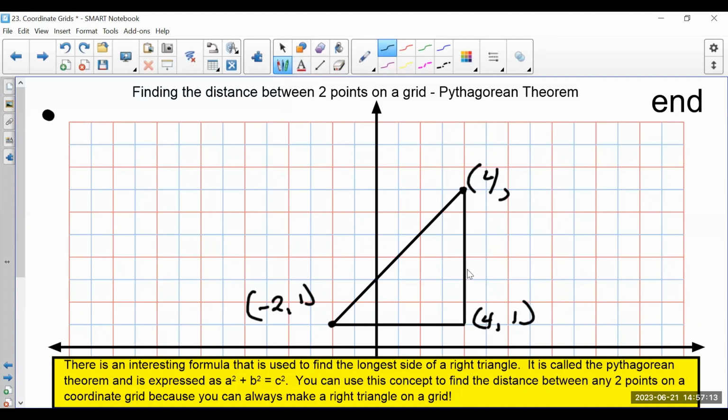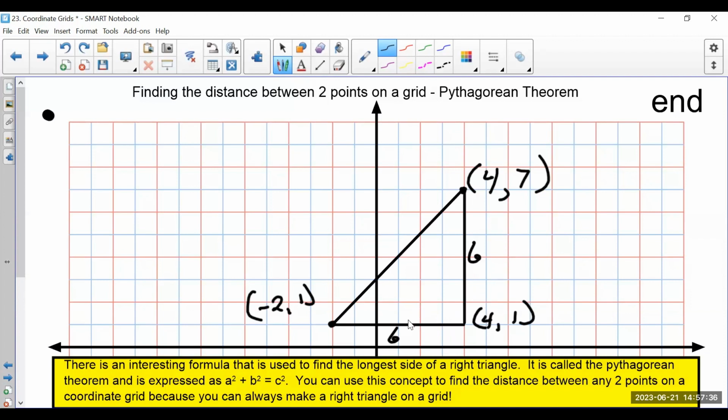So 1, 2, 3, 4, 5, 6, 7. But of course I caught myself because I was checking. So if it's at 4, 7, 7 minus 1, this side is 6. Now you got the difference between -2 and +4, which is also 6. How about that? I drew an isosceles triangle, a right isosceles triangle even.